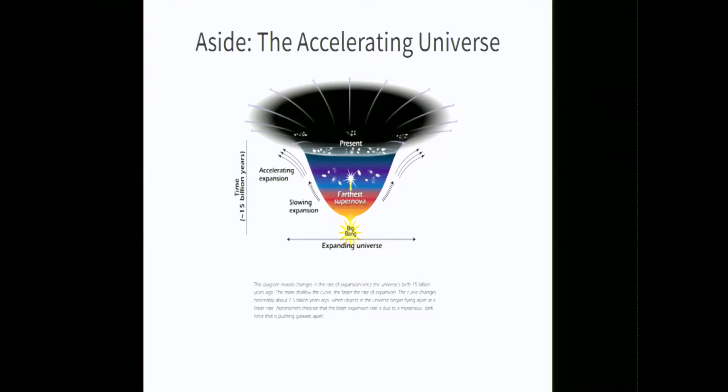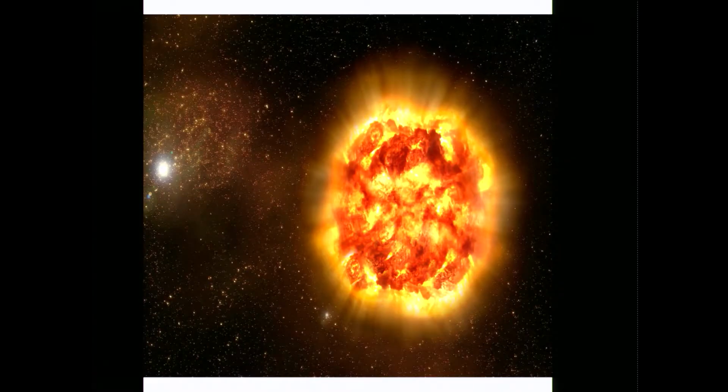How this was discovered was using supernovae, which is what I work on, which look like this, an artist's rendition. Roughly how you can use these to determine how the universe is expanding is that you look at the brightness of supernovae looking back in time, looking further away, and how bright the supernova appears to you tells you something about how long ago it happened.